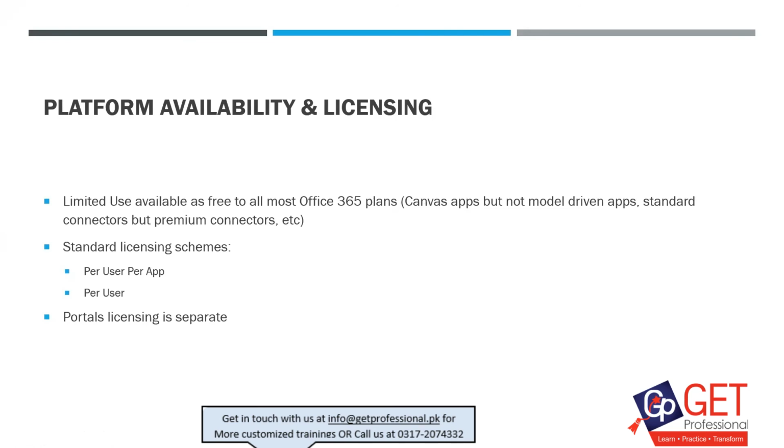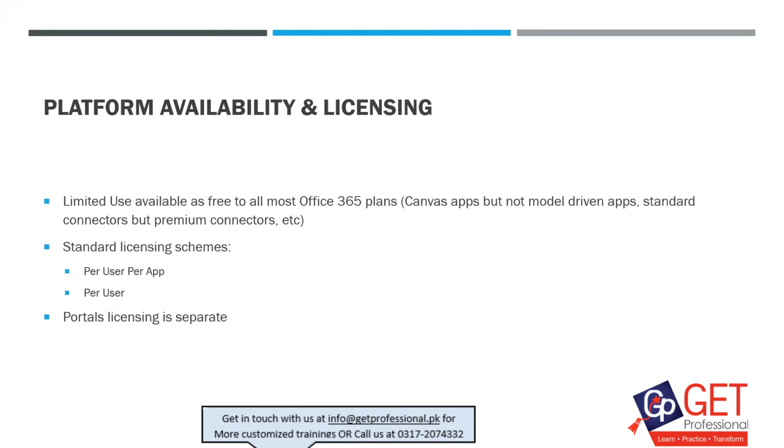And then there are standard licensing mechanisms as well. If you are not on 365 or you want to use the full range of Microsoft Power Platform features, then there are two types of licensing schemes. One is called a per user per app licensing scheme, and the other one is called a per user licensing scheme.